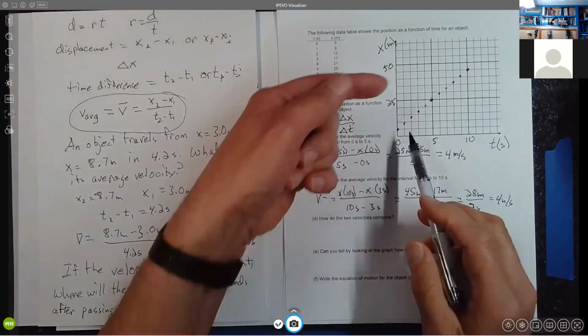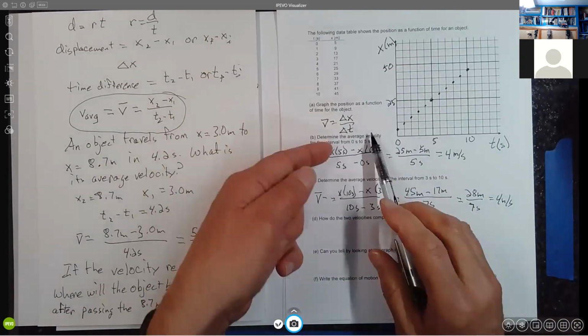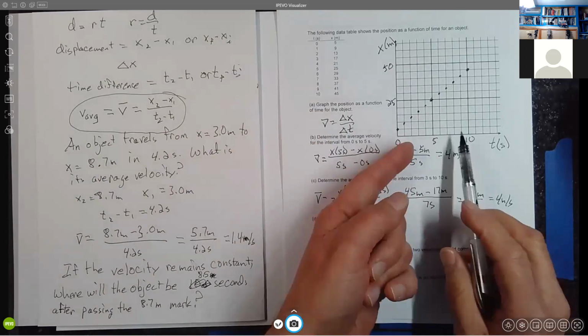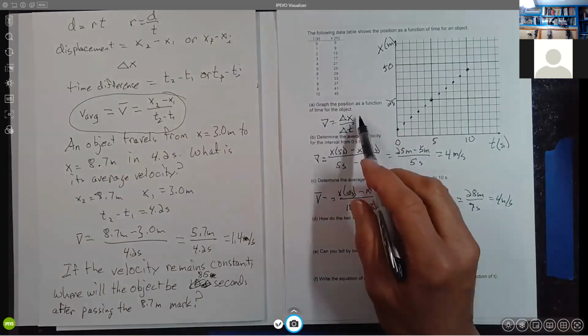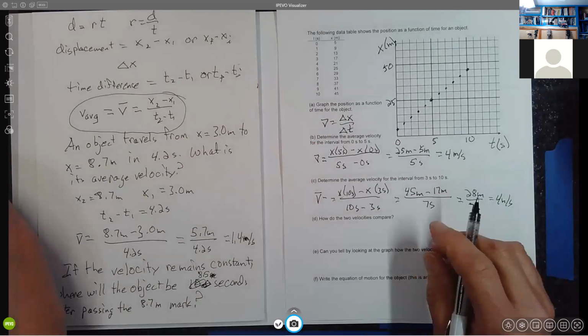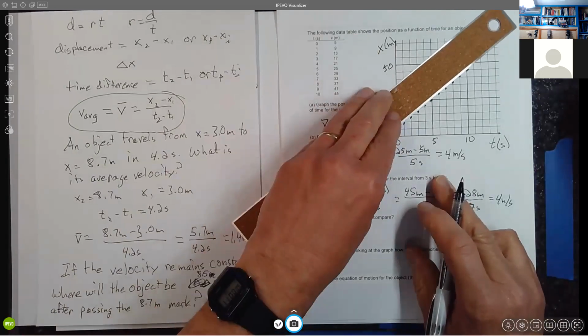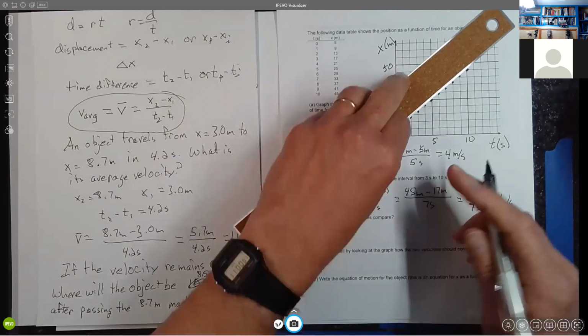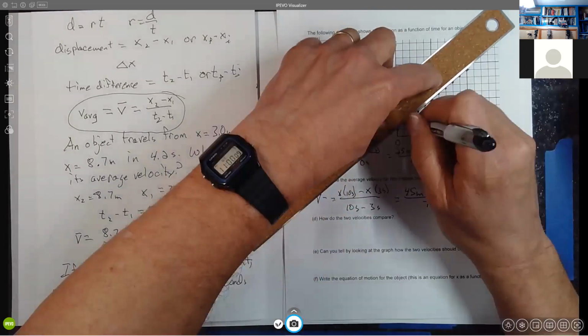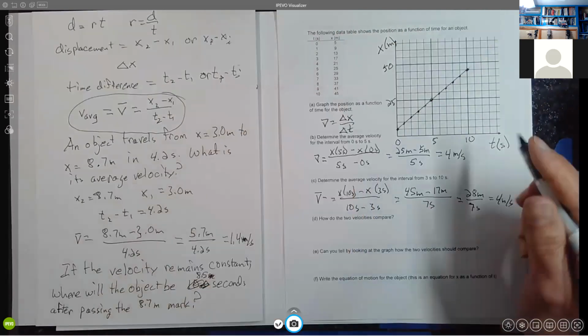Delta x on here is the rise, delta t is the run, and the slope of a graph is rise over run. And this thing has the same slope. In fact, it's a straight line. And so at least for these 10 seconds, it's got a constant velocity.